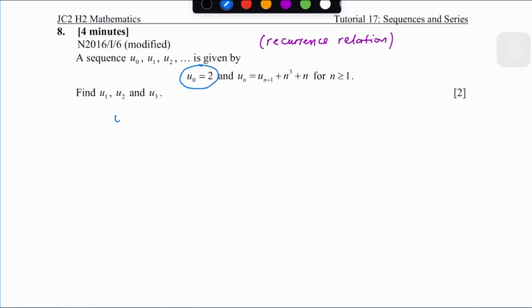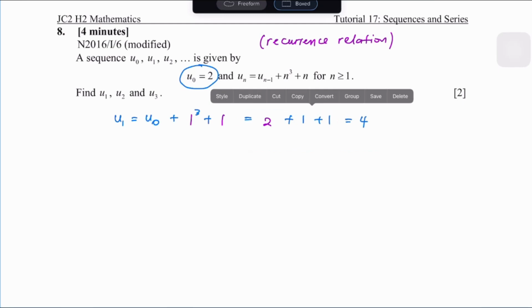So u1 will be equals to u(n minus 1), which is the previous term, plus n cubed plus n. The previous term is 2, plus 1 plus 1. So this will be equals to 4.